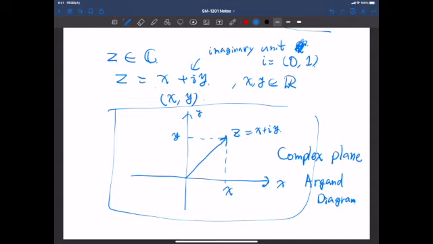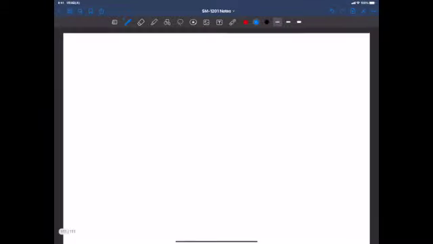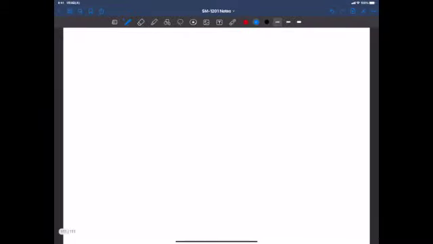Now, if you look at this diagram, you find that the distance between the origin and this point z is given as the square root of x squared plus y squared, according to the Pythagorean theorem. And we define this distance as the modulus of this complex number.